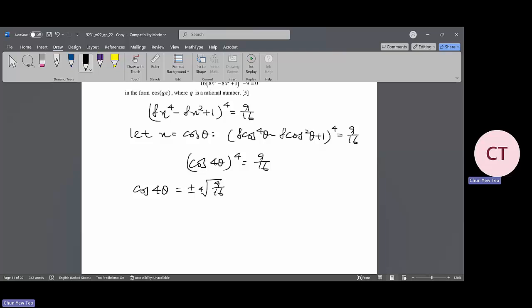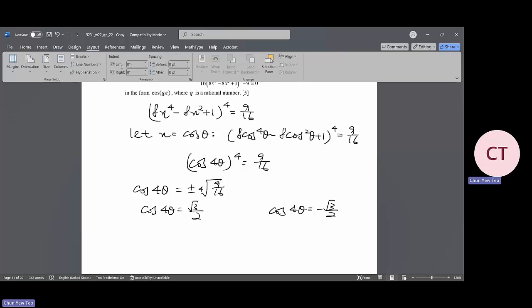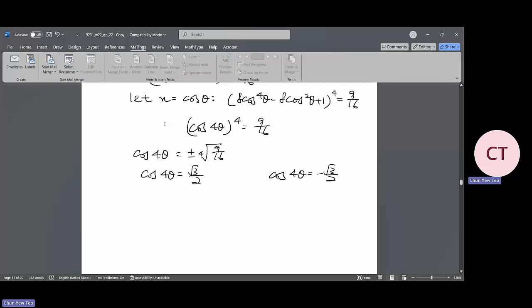We will ignore the complex number part, because we only want the real value part. So we just consider these two only. So we will have cos 4 theta equals root 3 over 2, and cos 4 theta equals negative root 3 over 2. We only have these two answers. The rest is complex number.